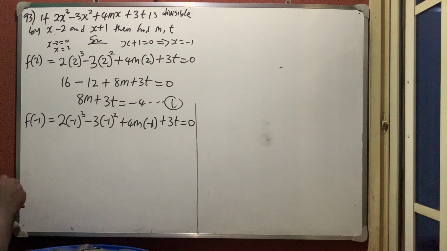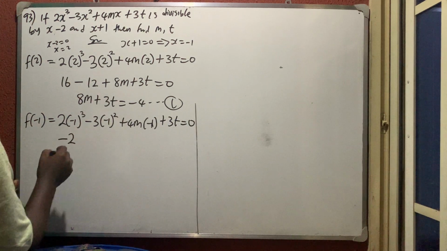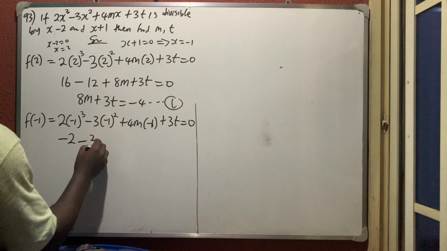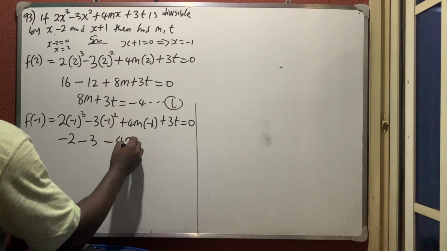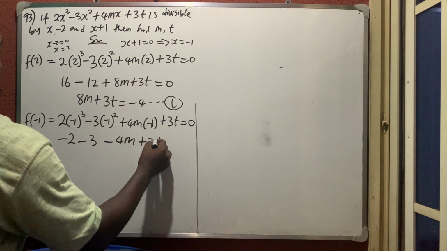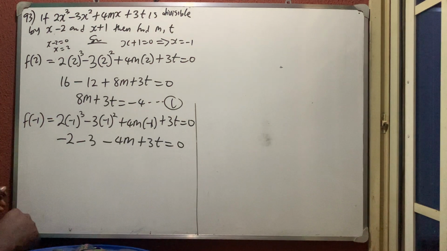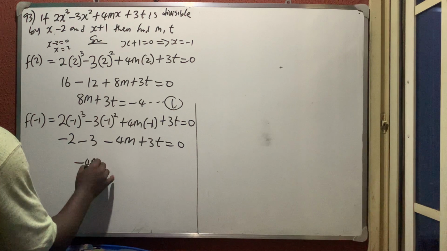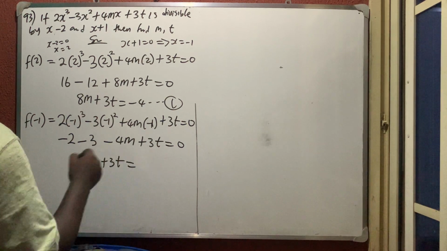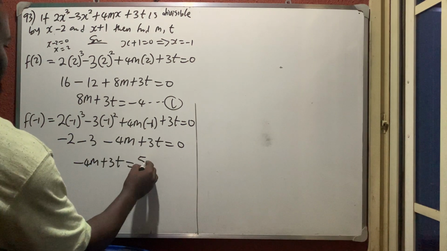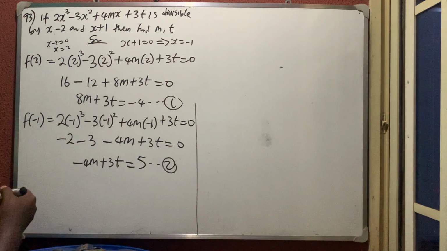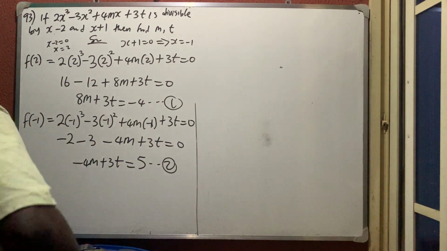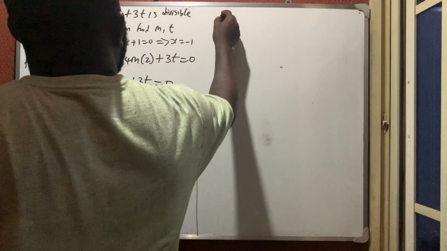So what do we have? This is minus 2, minus 2 minus 3, then minus 4m plus 3t is equal to 0. So we're going to have that minus 4m plus 3t is equal to, this and this is going to give me 5, equation 2.